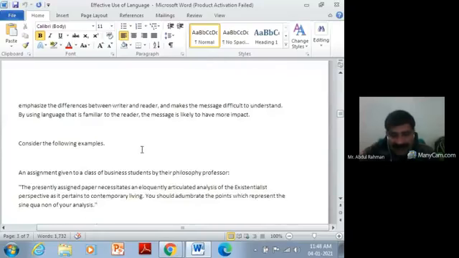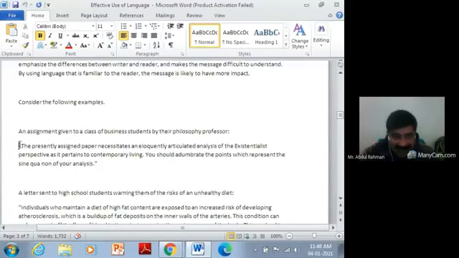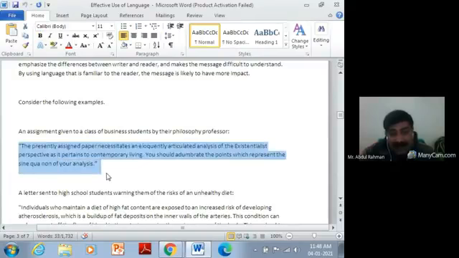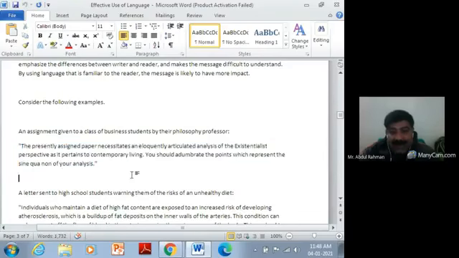For example, you can see here an example. The presently assigned paper necessitates an eloquently articulated analysis of the existentialist perspective as it pertains to contemporary living. You should elaborate the points which represent your analysis, right?